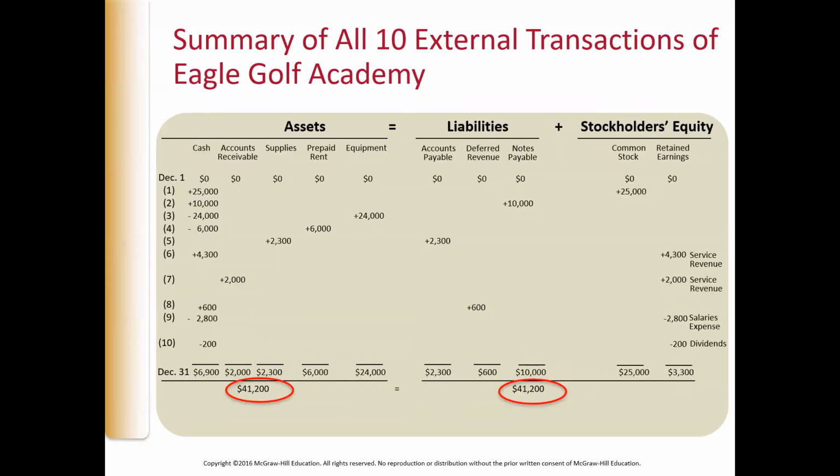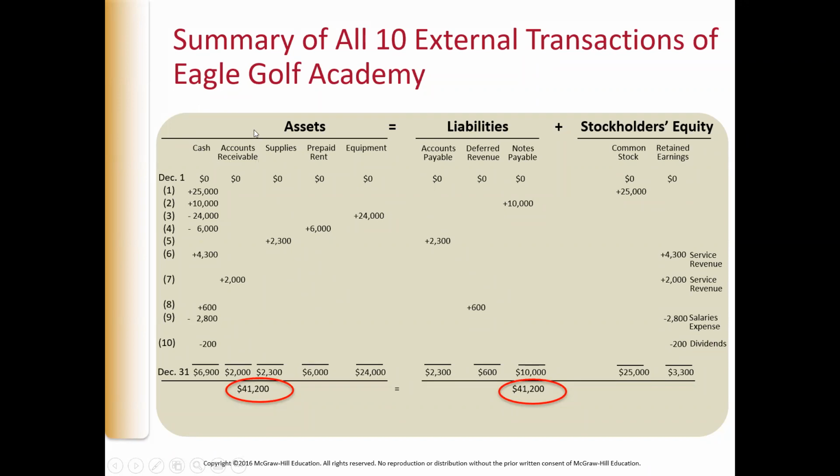After we've gone through all of those transactions, do you see we have our assets, which is a category we call resources. And in those assets, we have several accounts. We have an account called cash.